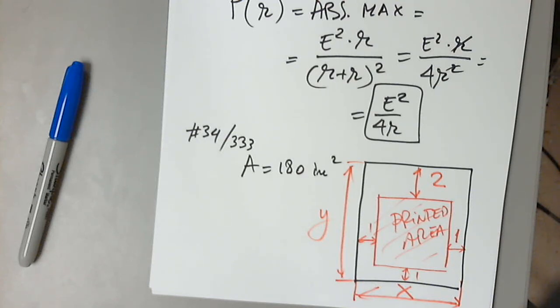We have the area, but we don't know what x is and we don't know what y is. We have some restrictions and we are told about these margins, but we don't know how long x and how long y should be to maximize the printed area. So how do I start?